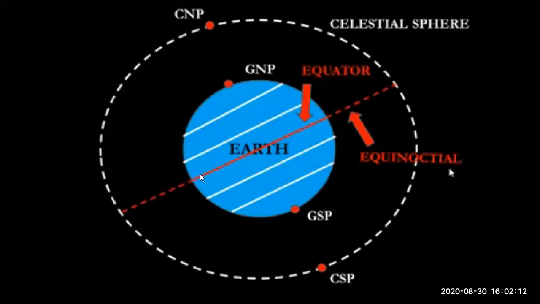So equinoctial is basically the equator of the celestial sphere. The definition of equinoctial is that it is the great circle passing through the center of the earth and 90 degrees from each celestial pole, so 90 degrees away from the north celestial pole and south celestial pole.